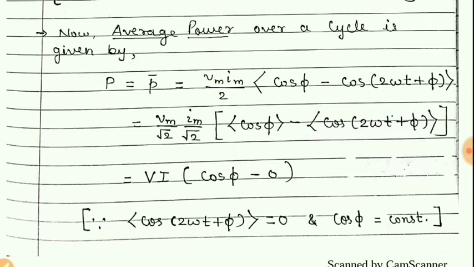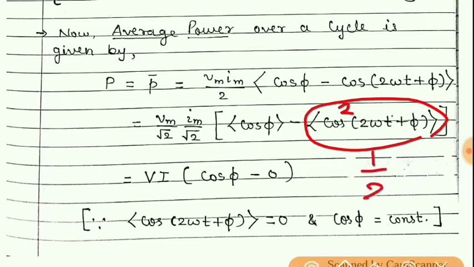Students, always remember, if it is normal cos or sine which is a function of time, its average over one period of cycle will be 0. And if it is a square, then its average will be 1 by 2. So only remember this shortcut.